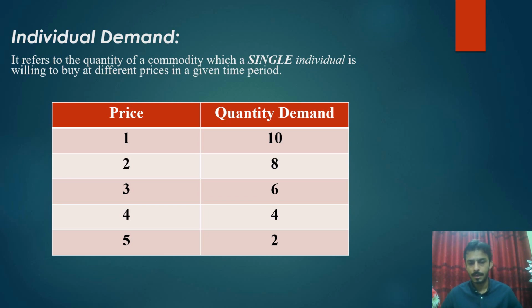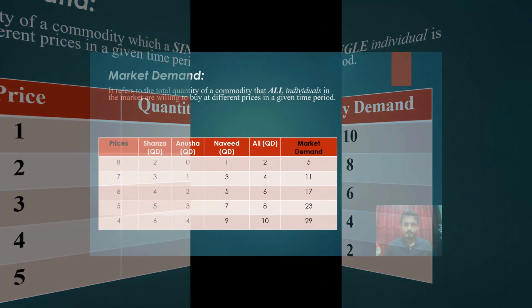The prices are 1, 2, 3, 4 and 5, and the quantity demanded is 10, 8, 6, 4 and 2. So this is the individual demand. It is considered to be the demand of any person. It can be me or you or any other person, right?